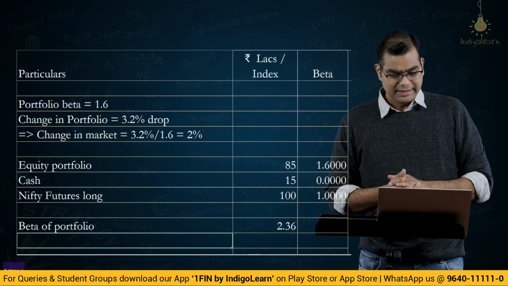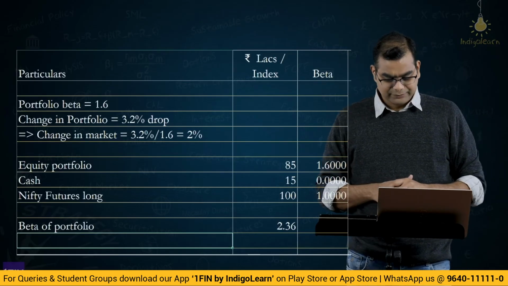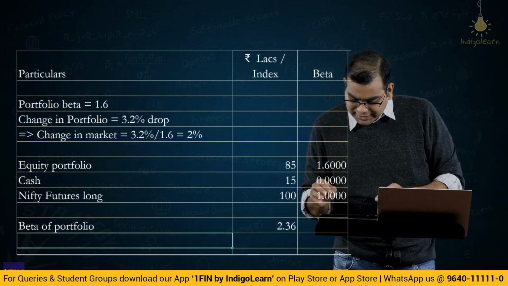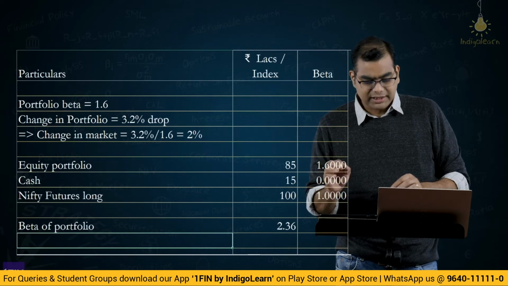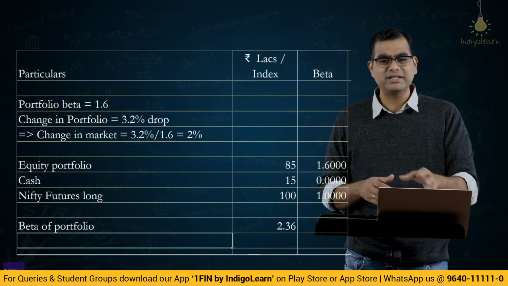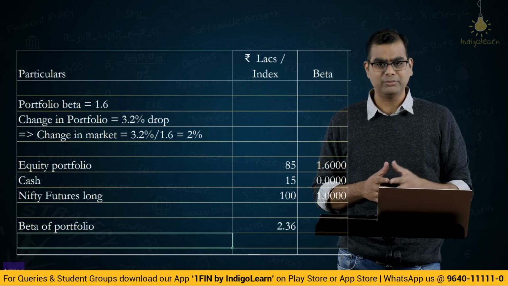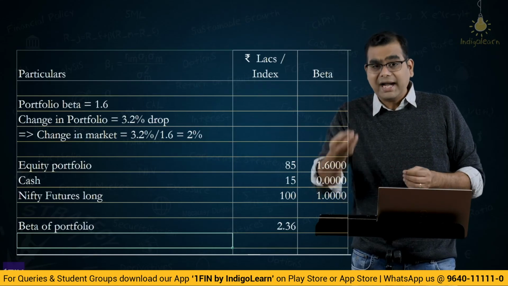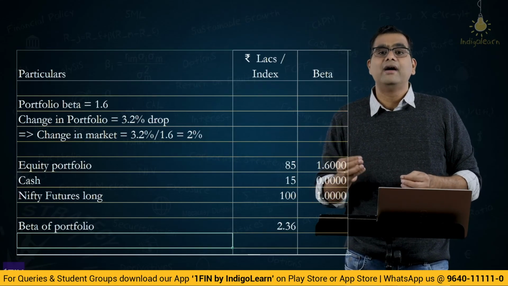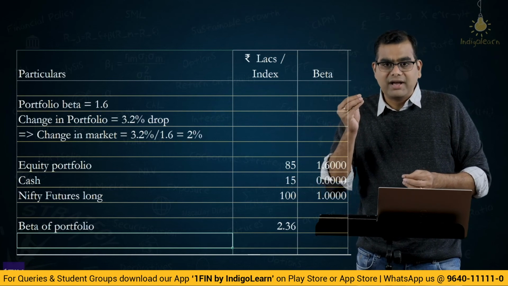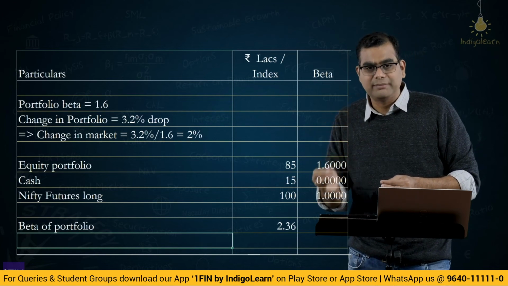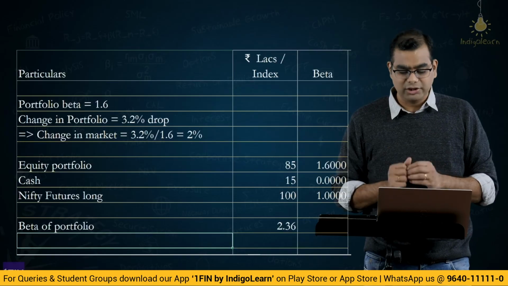Now you tell me, in this entire thing, did we require any information, or is there any use of the change in market, the 2%? Is there any use of the 2% we computed? Actually there is no use. Had they asked, okay, what is the reduction in the value of the portfolio after 3 months, then we could have used 2%. How will you use 2%?